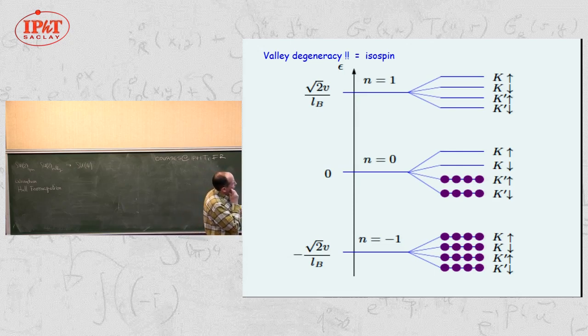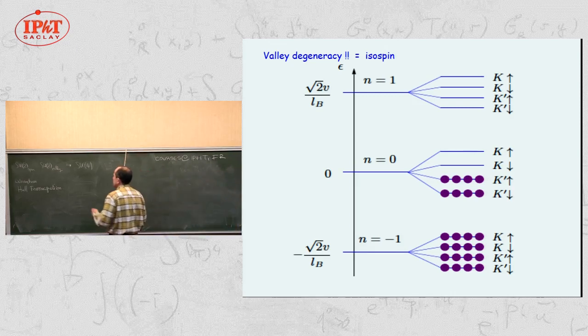But when these fourfold degenerate states are completely filled, then that's not a very interesting case, because we know that there is an energy gap which is essentially the cyclotron energy gap. So there is not much mystery in the physics in this case. While, of course, quantum Hall ferromagnetism is most interesting in the case of degenerate or quasi-degenerate states, because we know that it's exchange which is lifting the degeneracy.